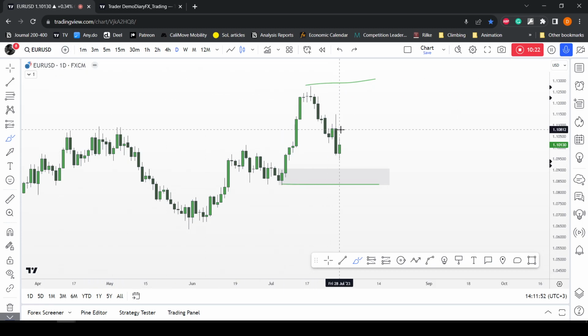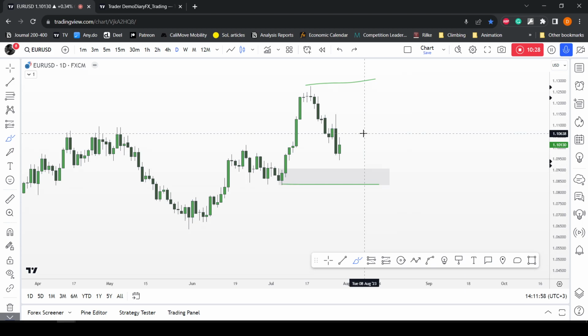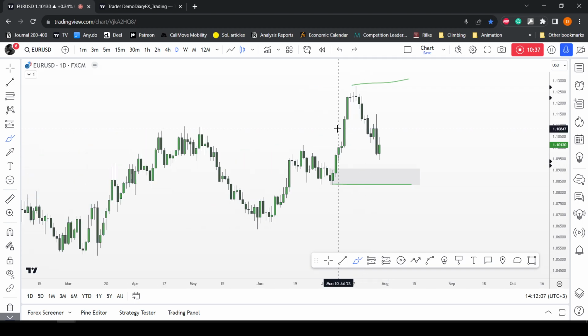If we have mixed data, then we can have prolonged ranges. But again, right now we don't have a too clear prerogative for one of the pairs, so we can look for local data releases and technical analysis.